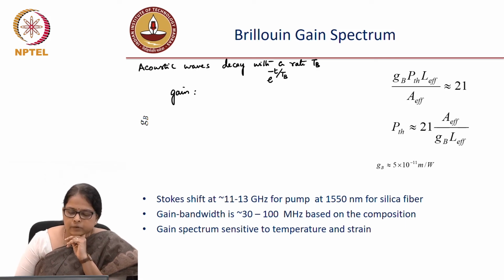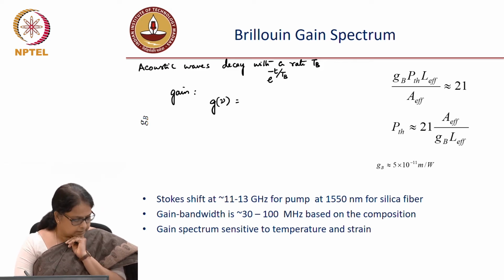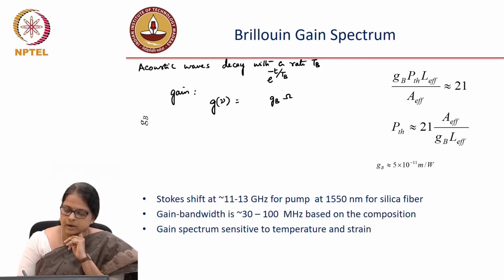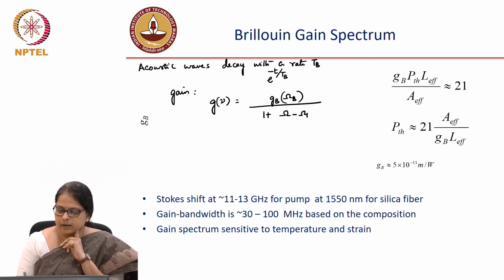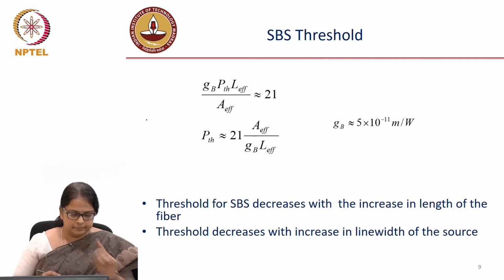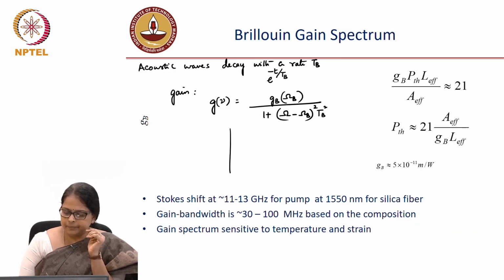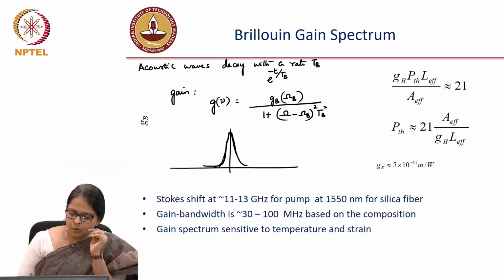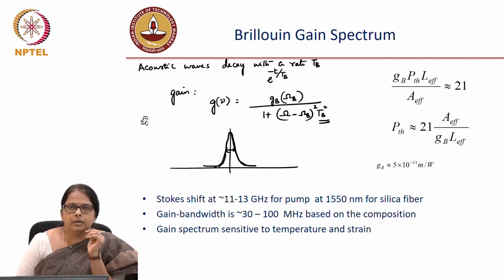So the gain spectrum G is a Lorentzian, described as the peak value at omega b divided by 1 plus (omega minus omega b) the whole squared times TB squared, which means the Stokes gain can be represented as a Lorentzian spectrum whose width is decided by 1 by TB.